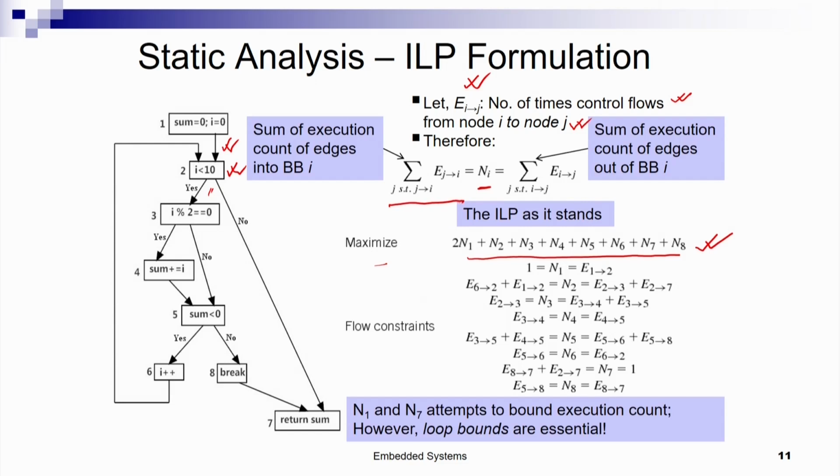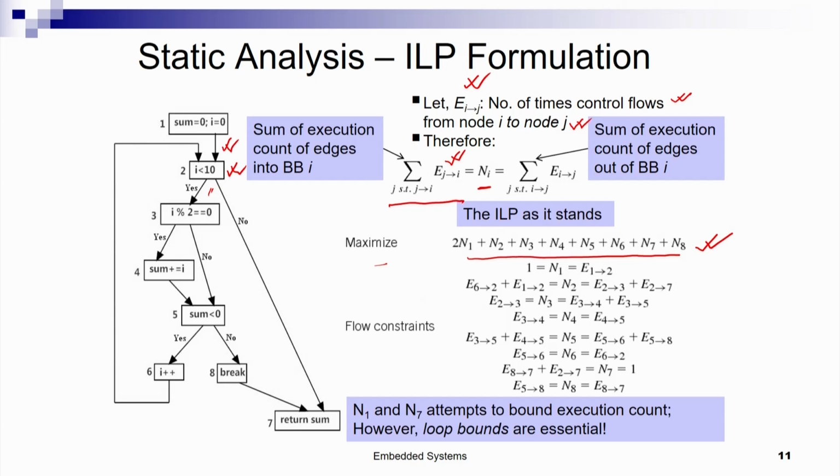E_ji tells me how many times control flows from basic block j to basic block i. So, for all j's for which you have an edge from j to i, if you sum that up, you will get the total number of times control flows into this basic block.